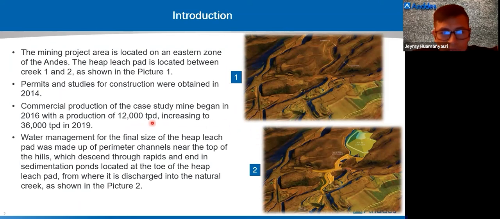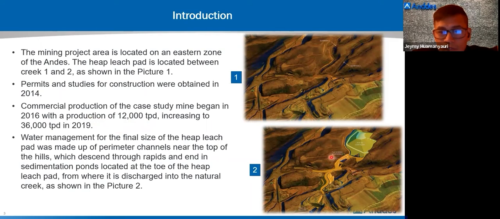About the production, it started in 2016. Nowadays, it is still operating, but the production is increasing year by year.